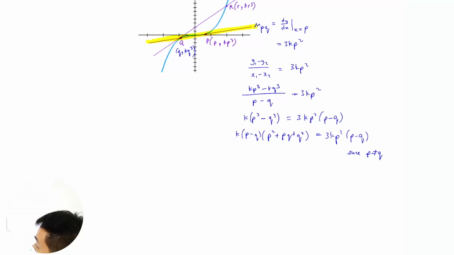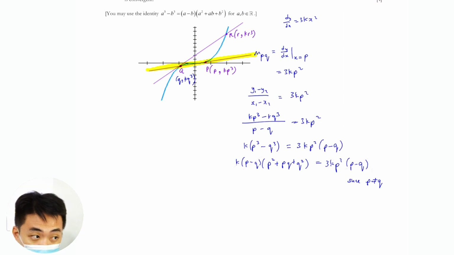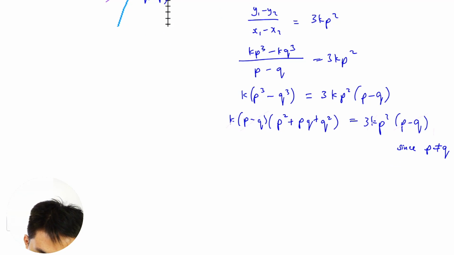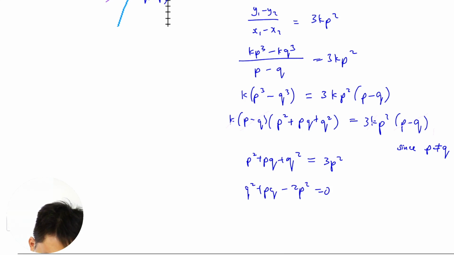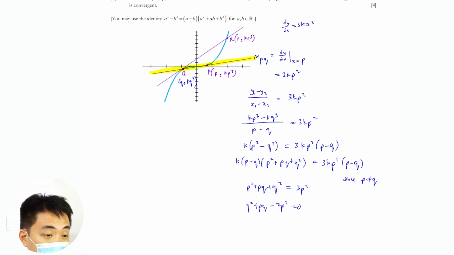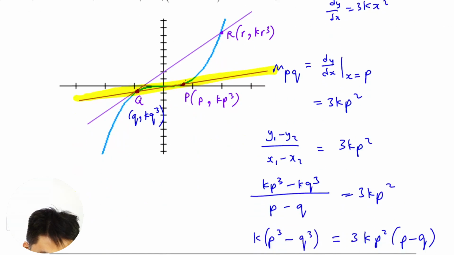When you cancel away, you essentially cancel away one potential solution. So this potential solution is p equals q. So since p is not equal to q, that's pretty okay. Then you just write down this is p squared plus pq plus q squared equals 3p squared. This is q squared plus pq minus 2p squared equals 0. Okay. You want to manipulate to this case here, right? So you look at the denominator, which is p squared.